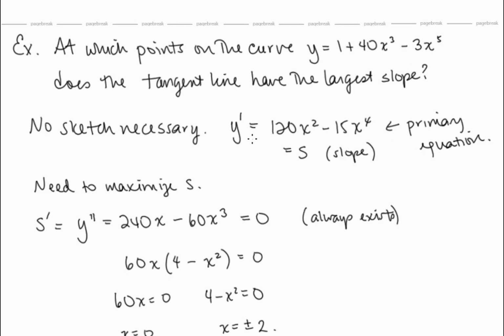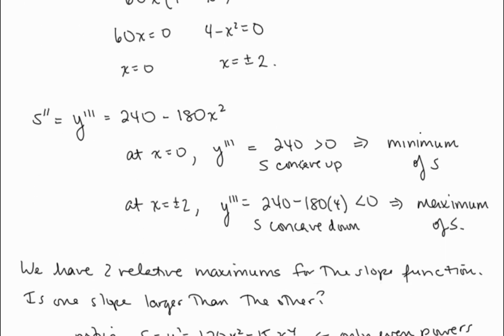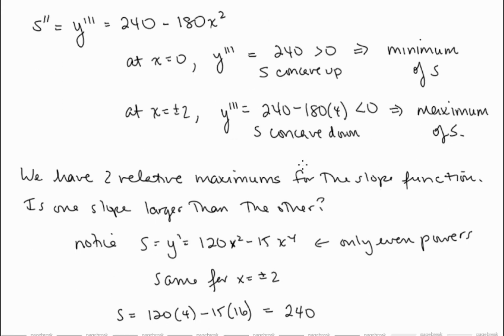So notice y prime is equal to 120x squared minus 15x to the fourth. We only have even powers here. So actually x equals positive and negative 2 are going to have the same slope value. So these relative maximums have the same maximum value for slope, and that's going to be 240.